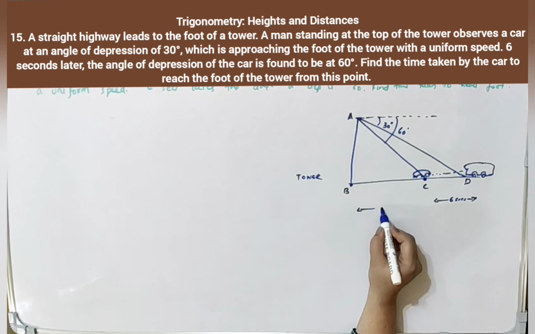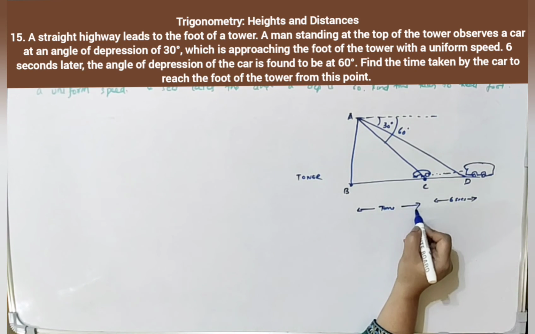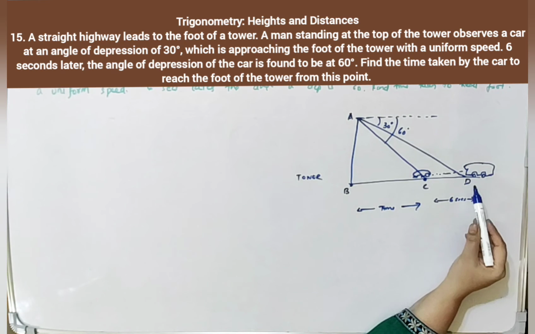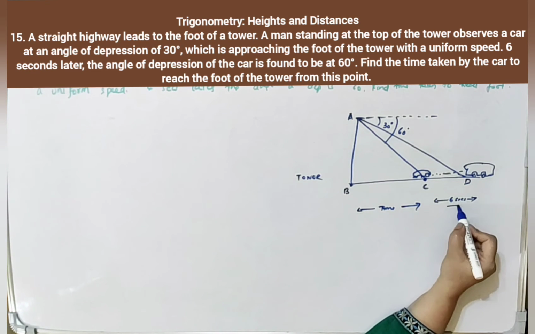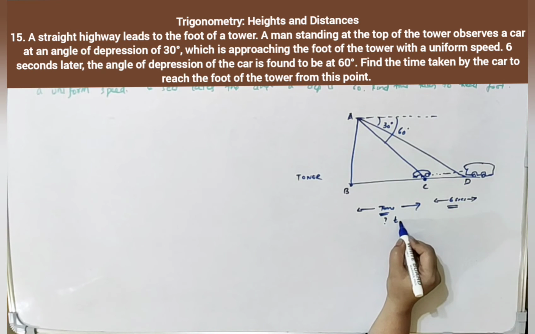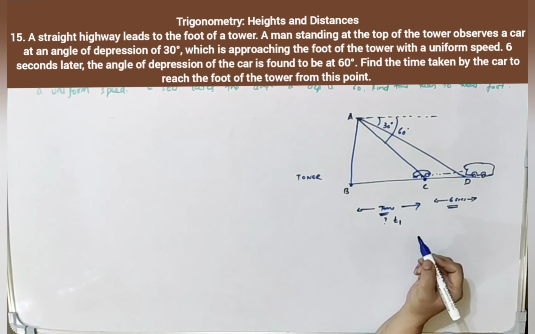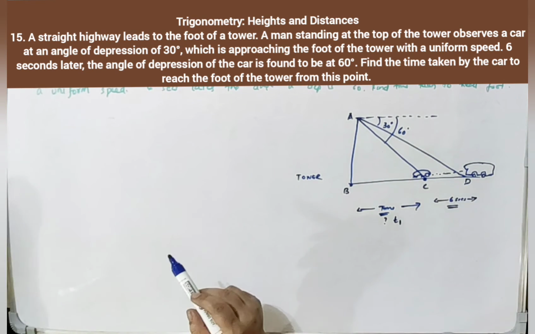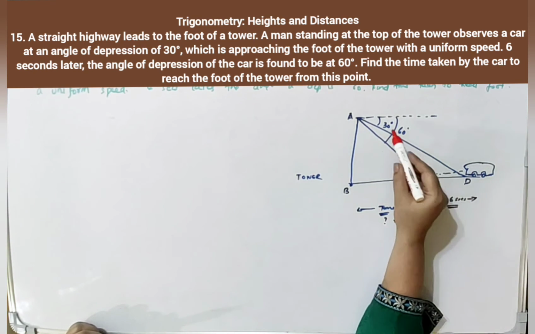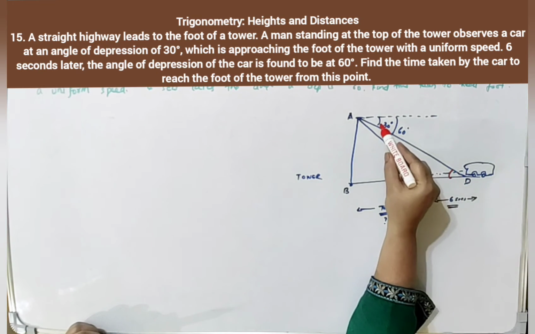So we need to find this time from C to B. We have the time taken by the car to travel from D to C, which is 6 seconds. We'll have to find this, let's call it T1. Now using the alternate angle principle, the alternate angle for side AD is this one. It's 30 degrees.